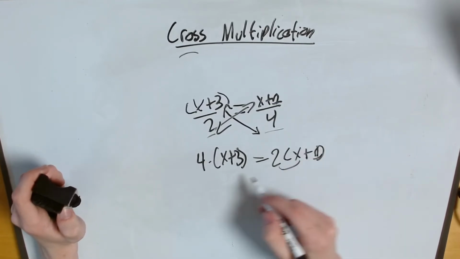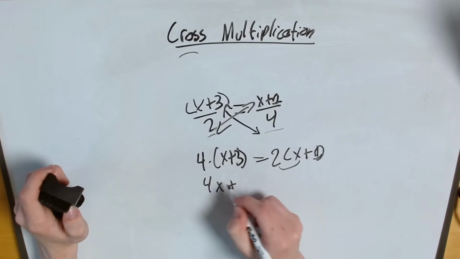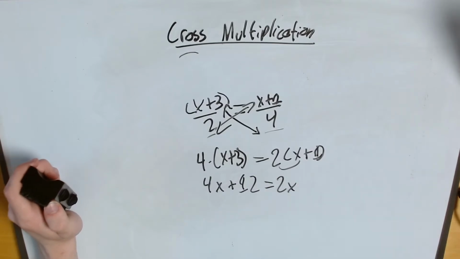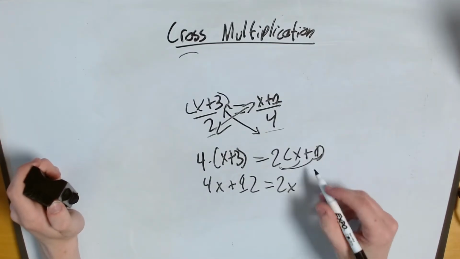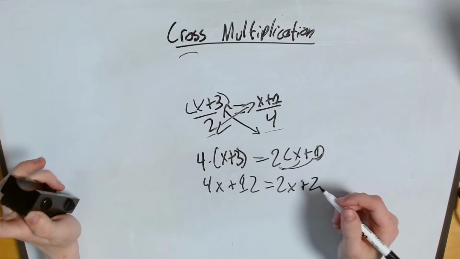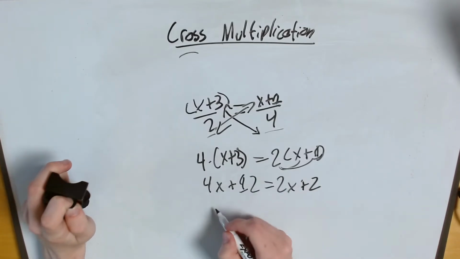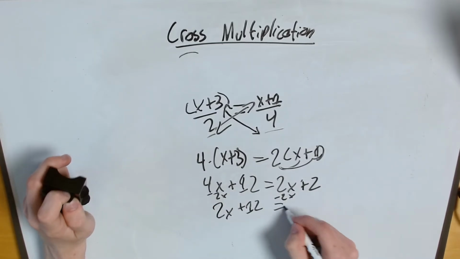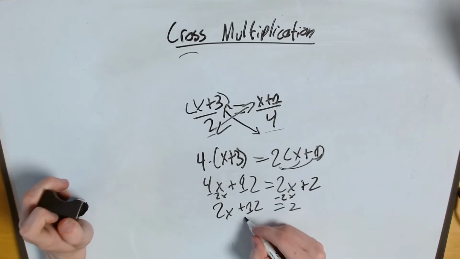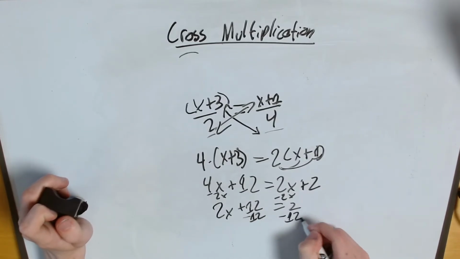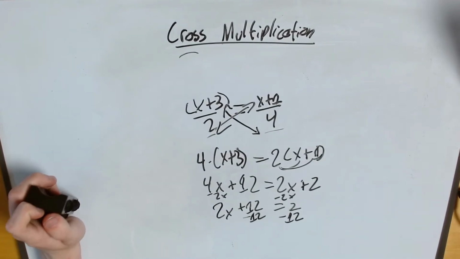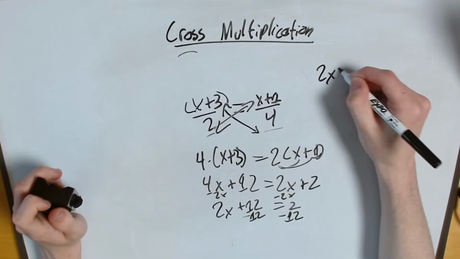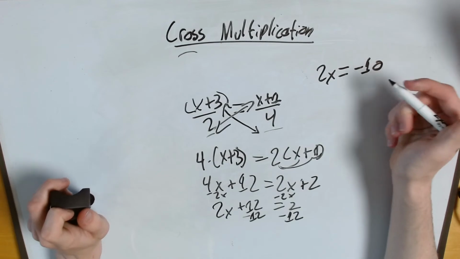I'm going to distribute out my numbers here. So that's 4x plus 4 times 3, which is 12, is equal to 2x plus 2 times 1, which is 2. And all I have to do is solve for x. I'm going to get my x's on one side and all my other terms on the other side, so I can solve for x. I get 2x is equal to negative 10, because 2 minus 12 is negative 10.